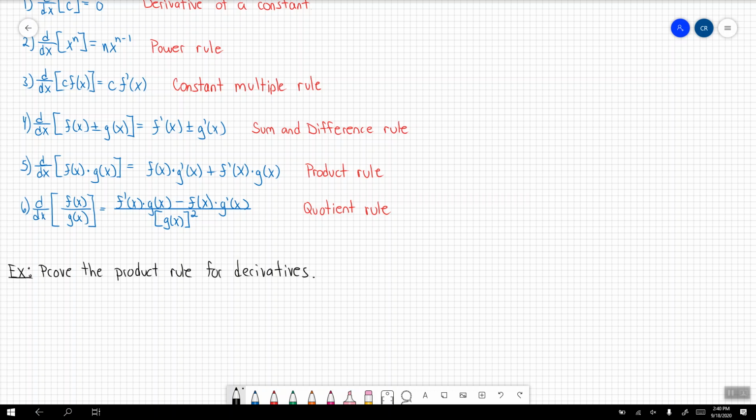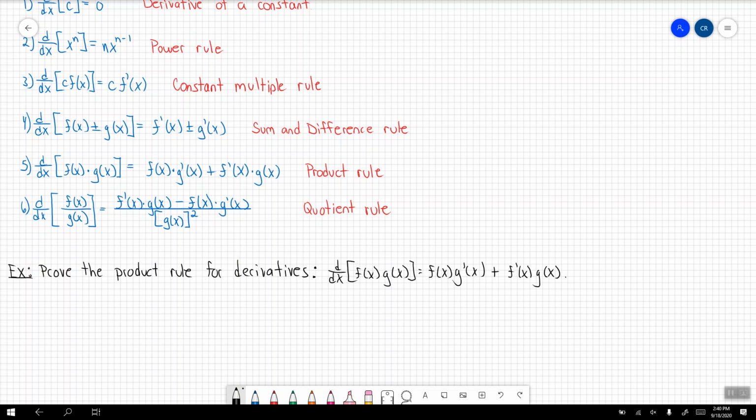Now, again, the product rule says that if we have the derivative of a product of functions, f of x times g of x, then this must equal f of x times g prime of x plus f prime of x multiplied by g of x.